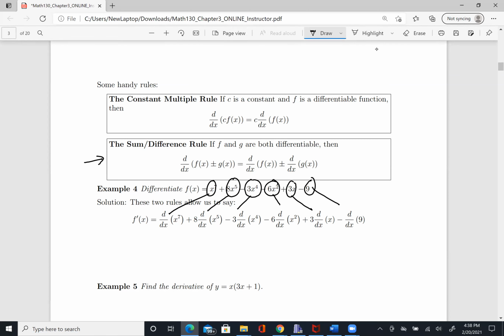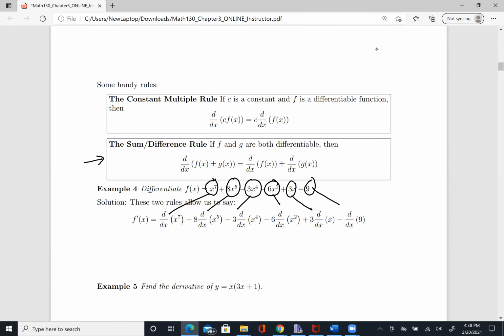For x to the power 7, the derivative is 7 times x to the power 7 minus 1, which is 6. Lower the power by 1 unit.